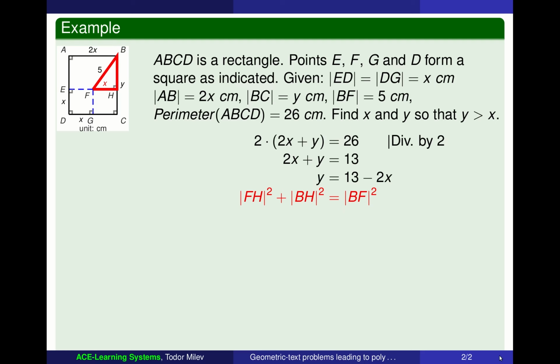All right. Now, I actually do know the quantity FH. So the length of the segment FH, that's certainly equal to the length of the segment GC, this one, which is certainly equal to the length DC minus the length DG.